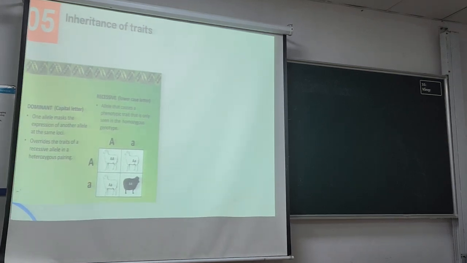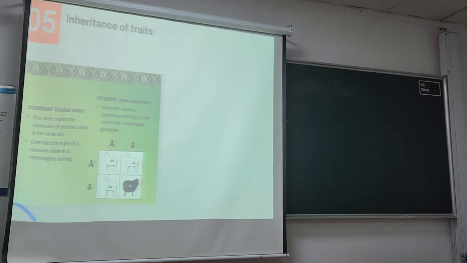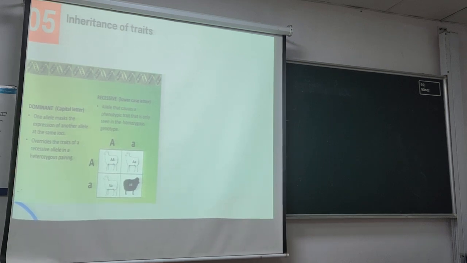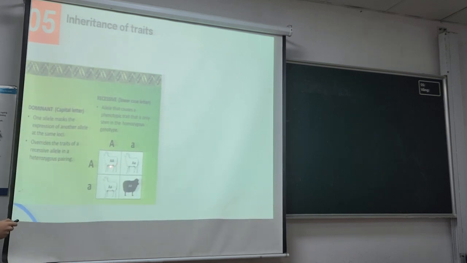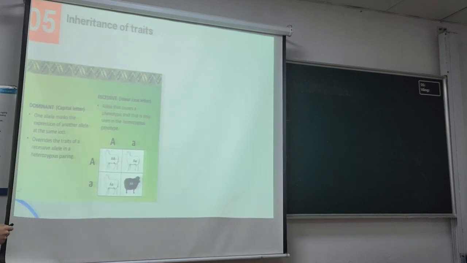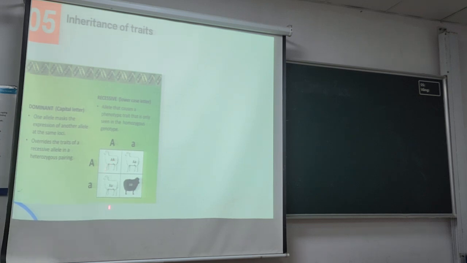The percentage of the dominant trait overriding the recessive trait is about 75%, where these three images in this table are shown, and just 25% is left for the recessive trait.